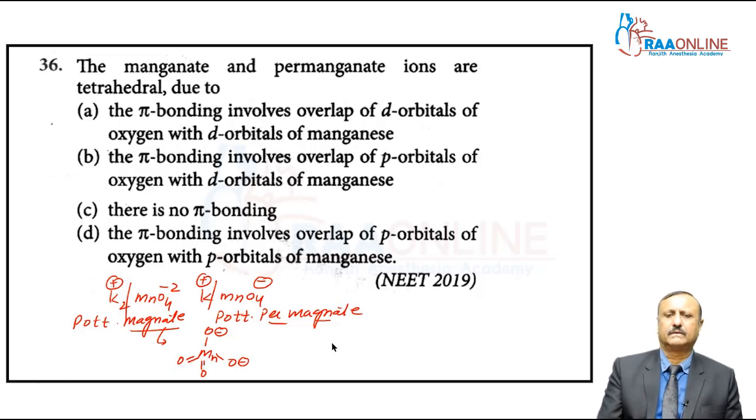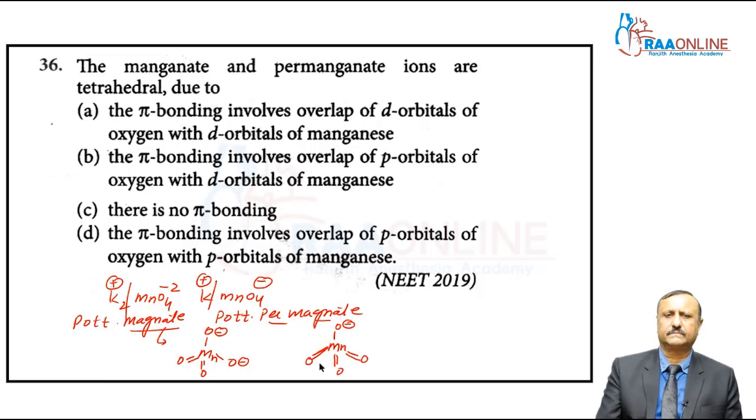Here you can see the structure of permanganate. In the permanganate structure, only one negative charge is present, and between manganese and oxygen a double bond is present.